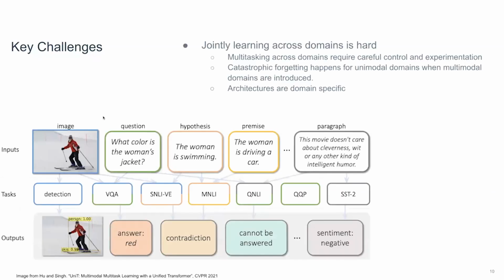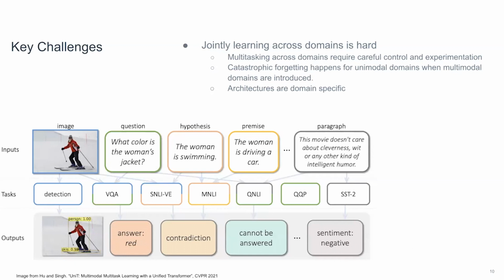Now that we've discussed why we need to do this, what are the challenges we face when we start doing it? The first problem is that once you start moving beyond one single domain, let's say in this picture, I'm showing you various tasks across domains. Object detection is a purely vision task.